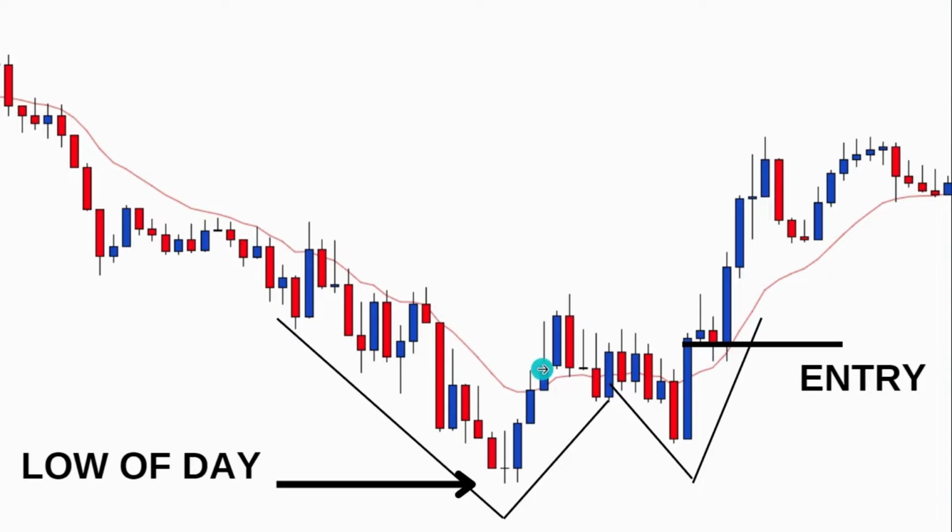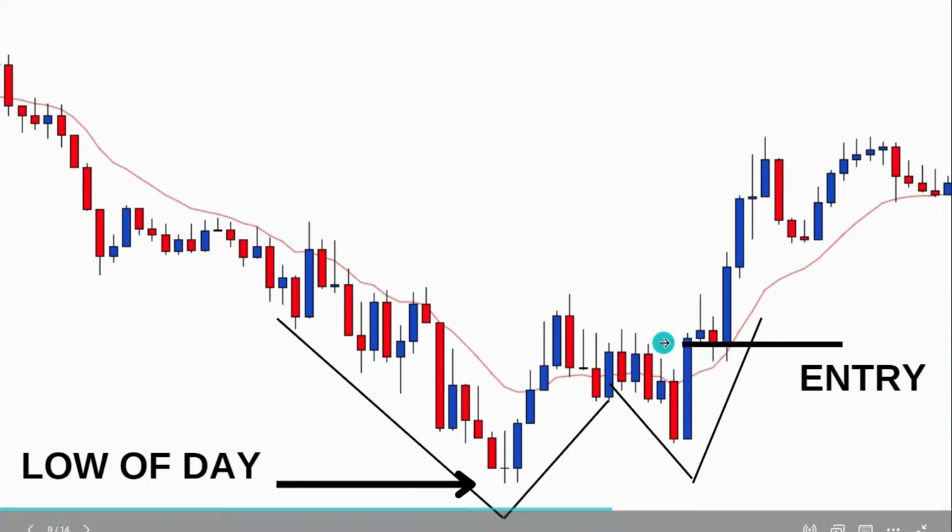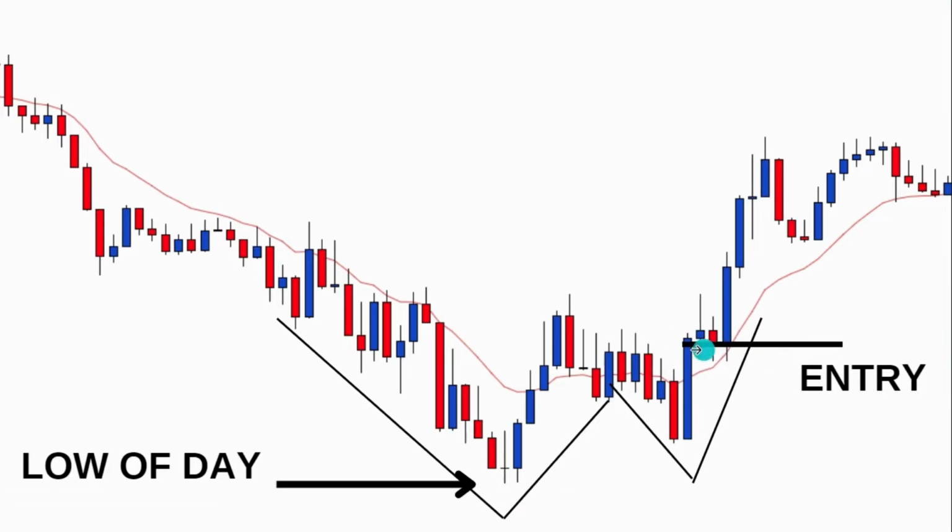So you see price closes above the 13 EMA and forms the neckline, and then goes back down, closes below the 13 EMA, and then closes back above, giving you an engulfing pattern here, and we enter the trade right where it closes above. This is where we enter the trade at our entry.